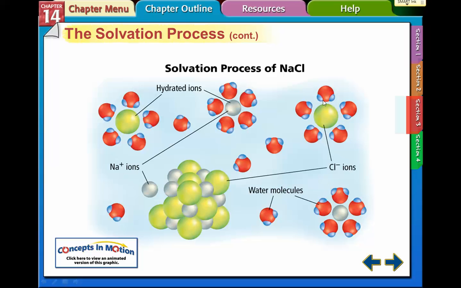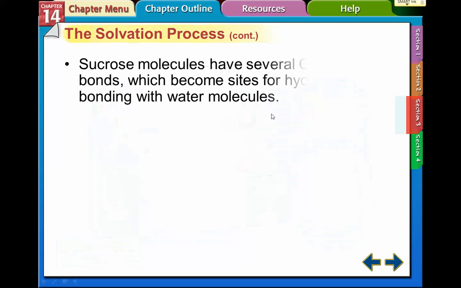So the chlorine and the sodium ions get surrounded by water, and that's how the solvation process occurs. Each one of these gets broken apart from the solid crystal to be in solution, surrounded by water molecules.